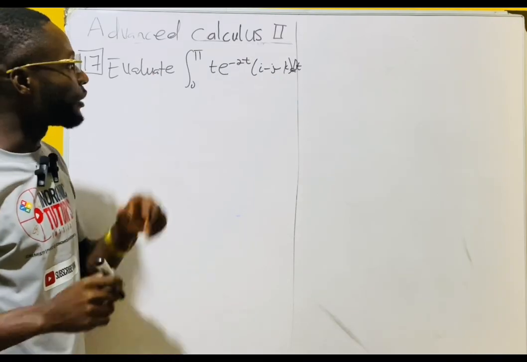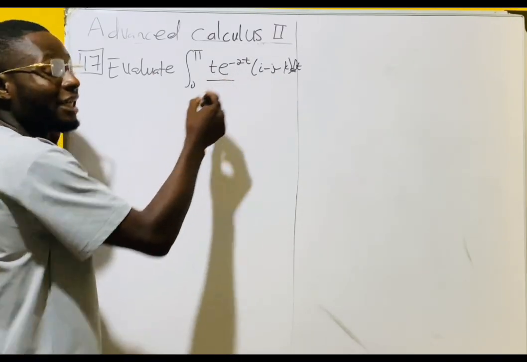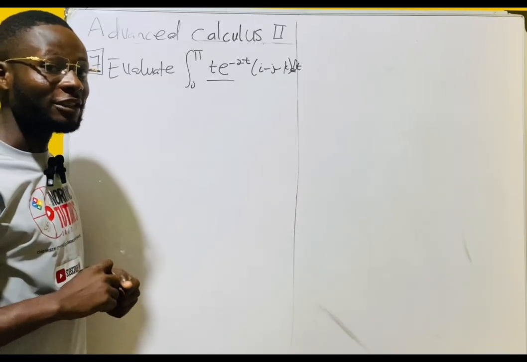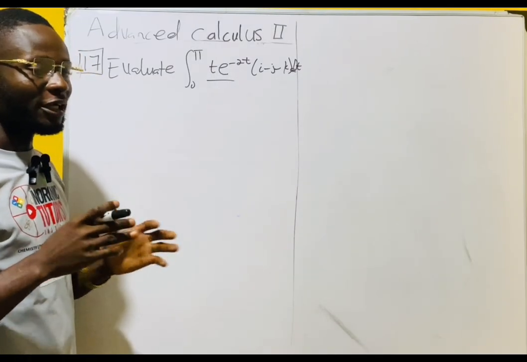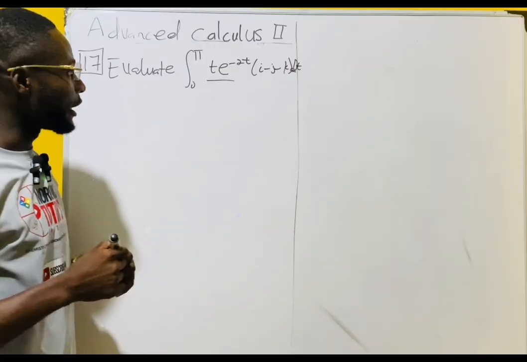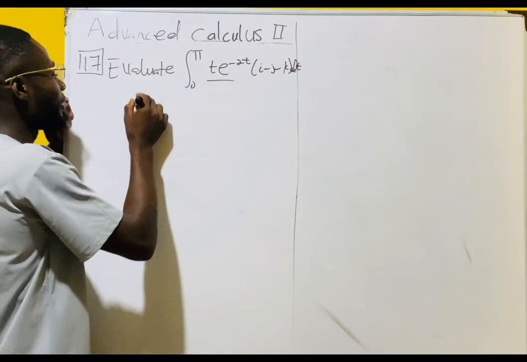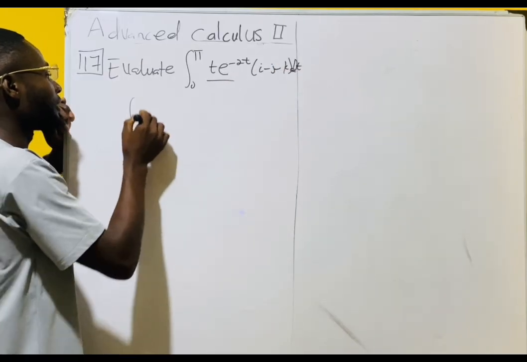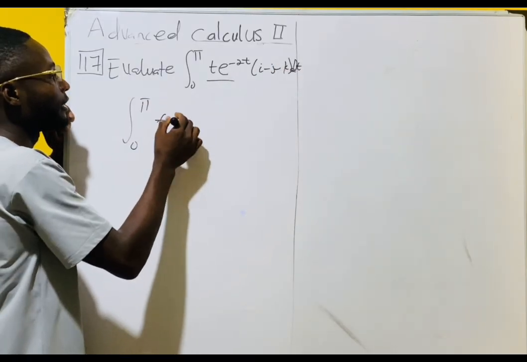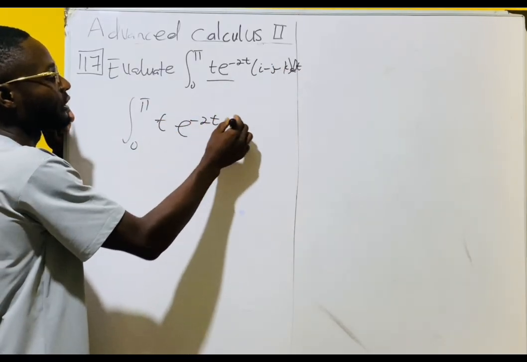So you know what we are going to do? We are going to use the tabular method, which is the DI method. I always like that when I'm dealing with smart work. So this is our work, t e to the negative 2t.